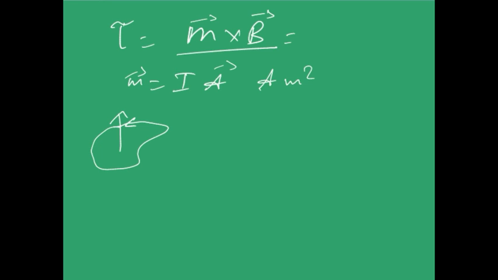Okay. Now torque vanishes when theta is equal to 0. There the net force will be 0, as well as the net torque. And if the magnetic moment is parallel or anti-parallel to the magnetic field, then also the torque vanishes.